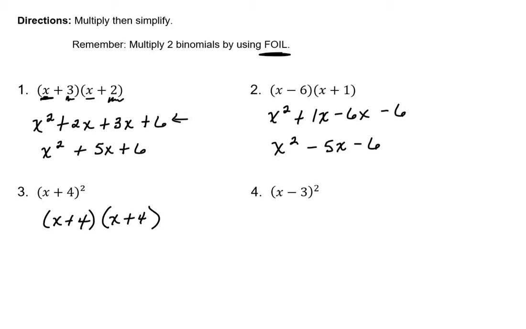So take the time to write that out, and you can see that you're going to have two binomials multiplied together, so use the FOIL method just like we did on the first two problems. First, outer, inner, last.